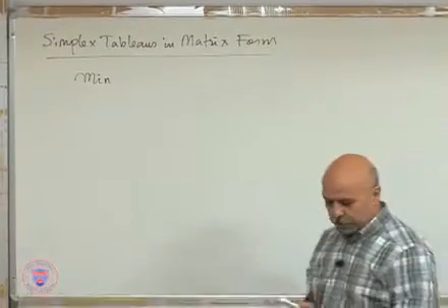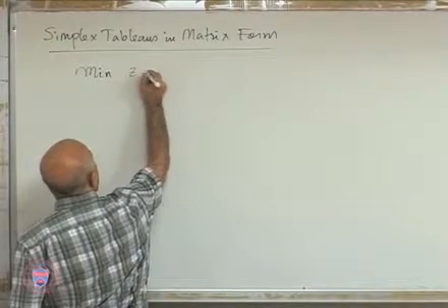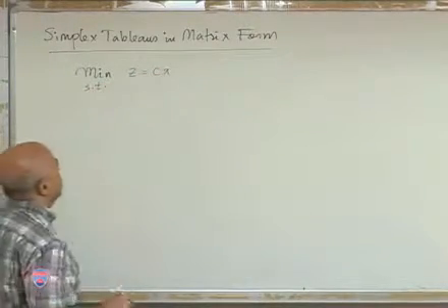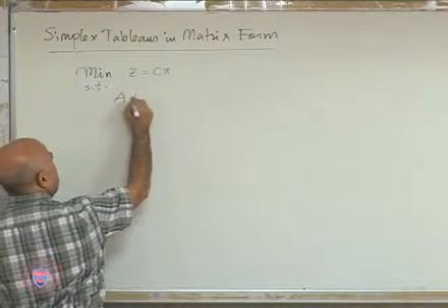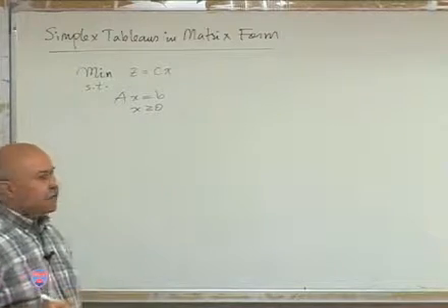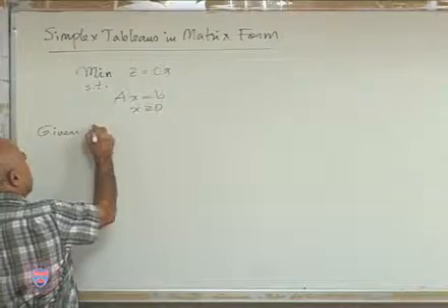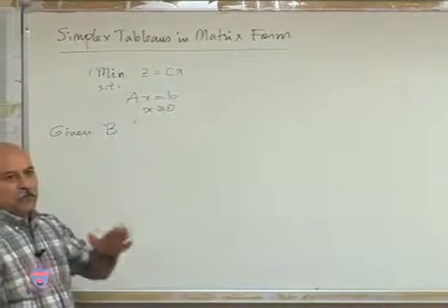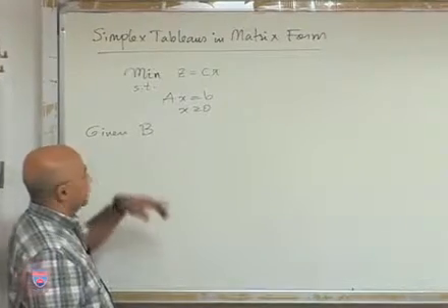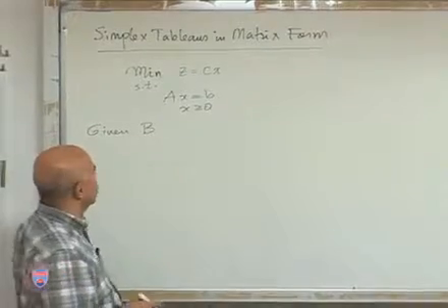relative to a given basis B. So let's assume we have the problem in the form minimize Cx subject to Ax equals b, x greater than or equal to 0. And we assume, given a basis B, the rank of the A matrix, the row rank, is M. So all the other information that I gave you earlier continues to hold.